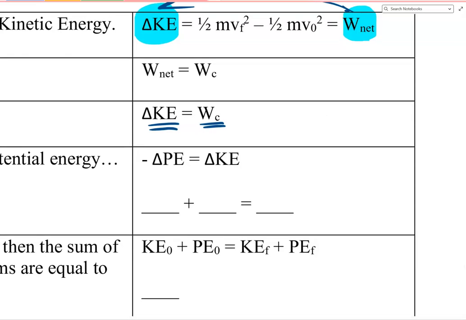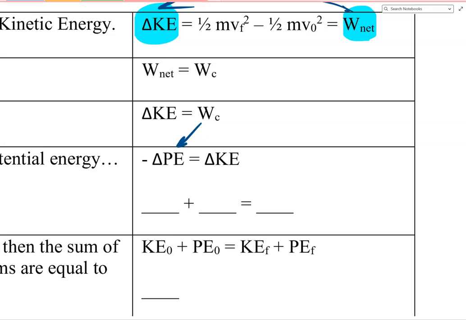But if the work that's being done by conservative forces is observed and measured, we know that the work that's done by conservative forces reduces the amount of potential energy. So we can say that our work done by conservative forces is the opposite of the change in potential energy. We lose potential energy when we're doing work with conservative forces.